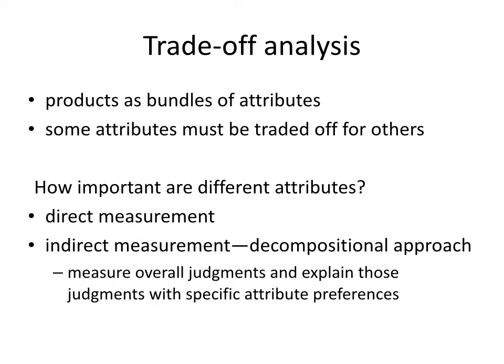So that indirect measurement, as was true with attitude modeling, is called a decompositional approach, or a decompositional model, decomposing the overall score into specific utilities. So conjoint analysis starts by making an overall judgment and then using statistics to explain those judgments with specific attribute preference weights.